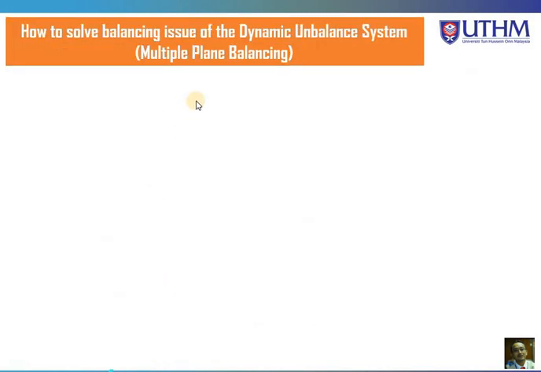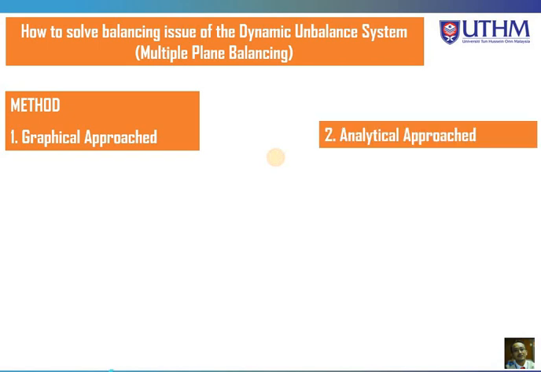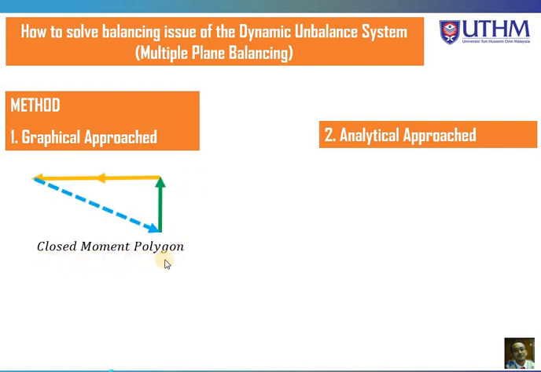So how do we solve the dynamically unbalanced system? There are two methods: a graphical approach and an analytical approach. Since we are dealing with a moment, we have to draw the closed moment polygon first to achieve dynamic balance.